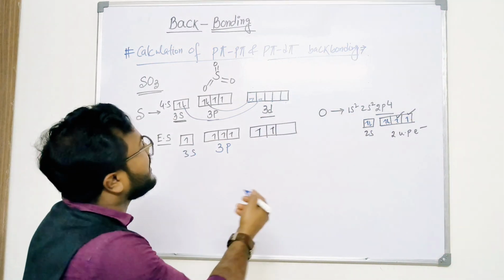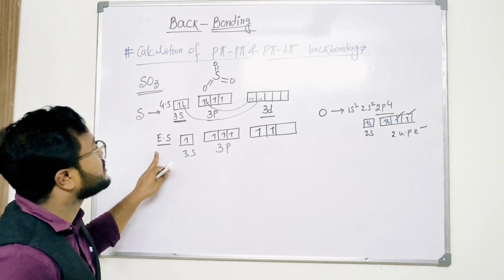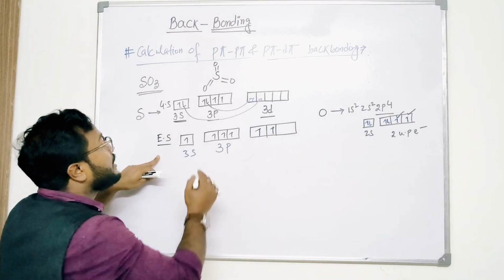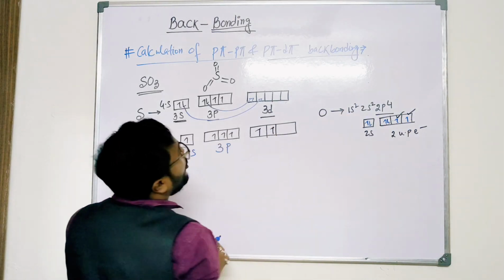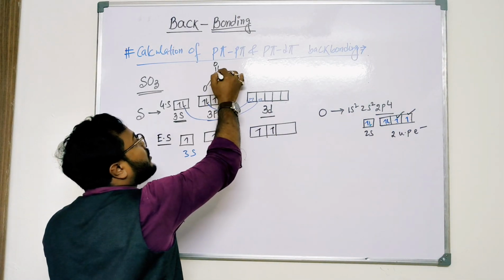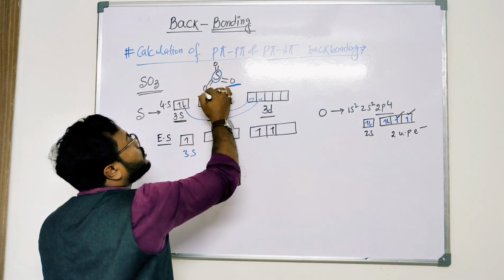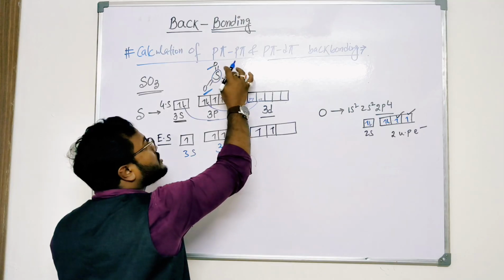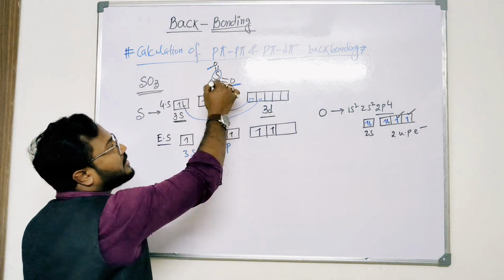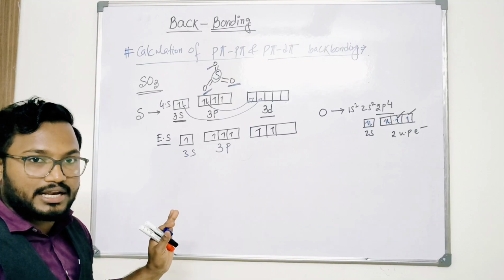So for pairing, what is the requirement for this atom? This sulfur atom will take 1 electron from oxygen. For sulfur, 1, 2, 3 oxygens are available, and the number of bonds connected with each oxygen is 2. So 1 sigma and 1 pi bond, and it is connected.